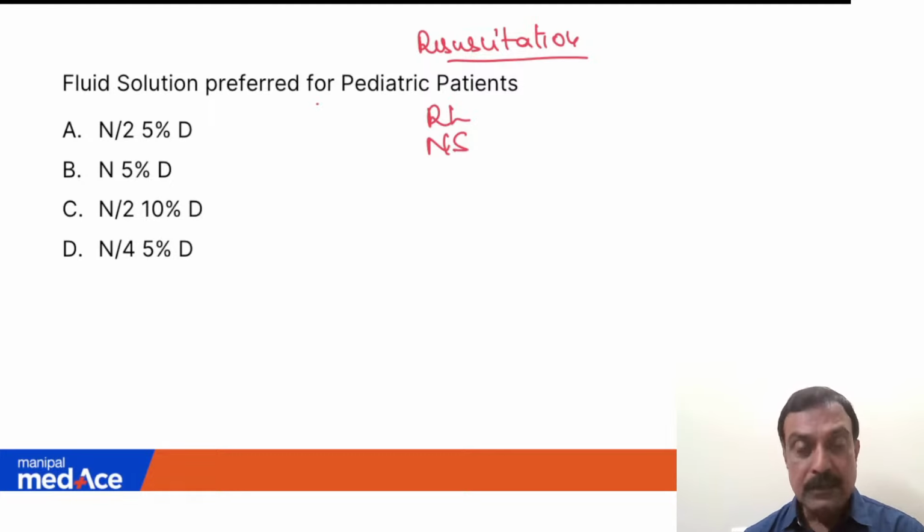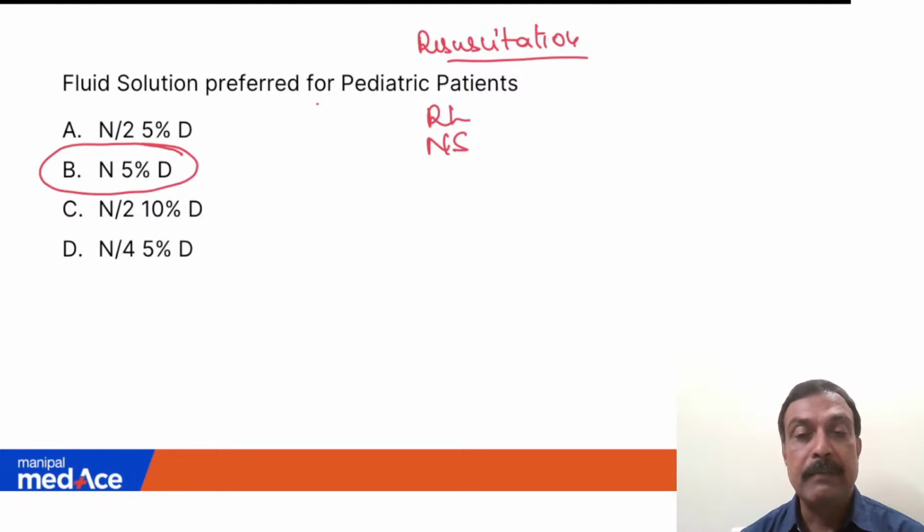So here the question, the closest to the answer may be normal saline with dextrose. But remember, only normal saline is used, not with dextrose. So I feel that either the stem is correct or the distractors are correct.